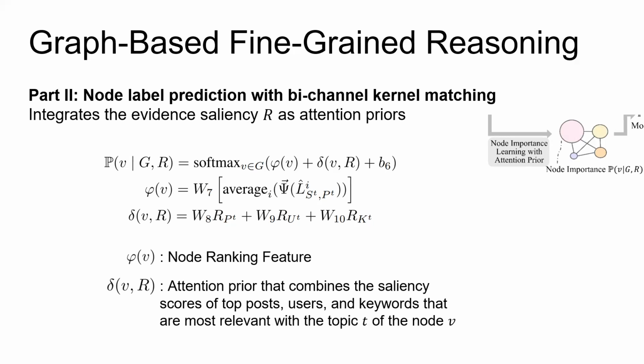The attribute saliency is computed from the information from the mutual reinforcement graph M, which are indicated by RPFT, RUFT, and RKFT.